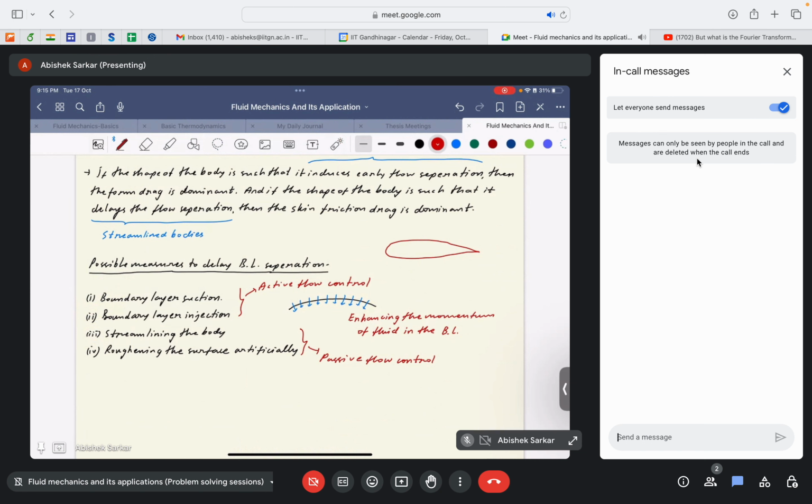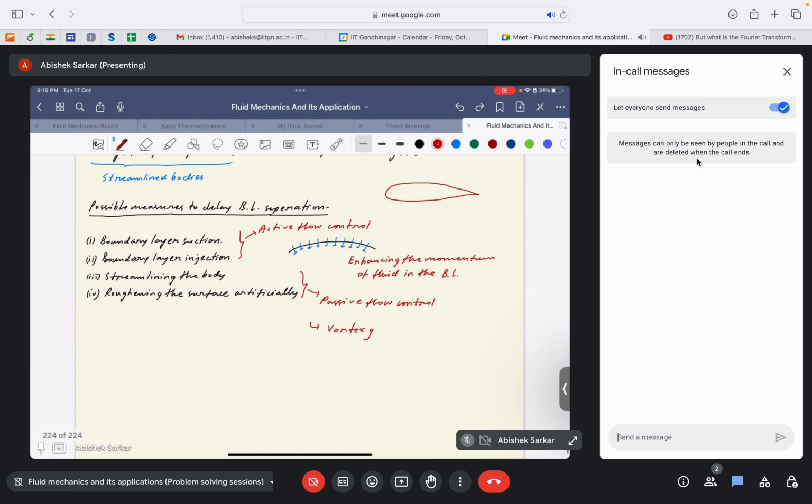Or you can also know this term, vortex generators. I think you may know this term. Next time when you travel by plane, just look over the wings of the aircraft.